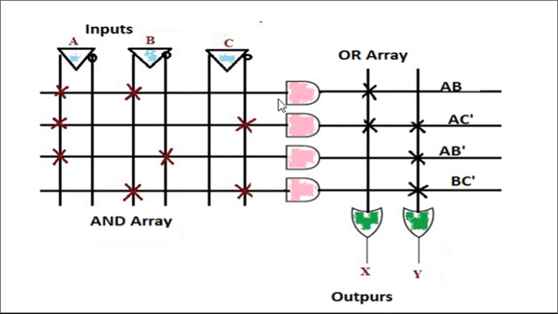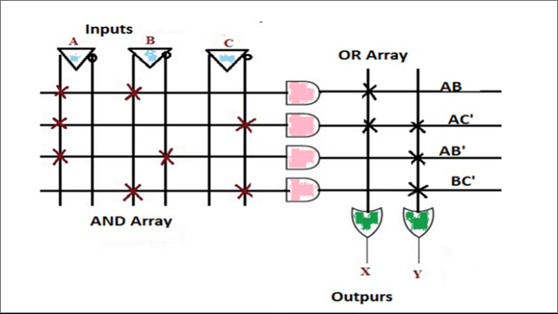Now in this AND gate array, the outputs are: here a into b, here a into c dash, here a into b dash, here b into c dash. These are the outputs of the AND gates.